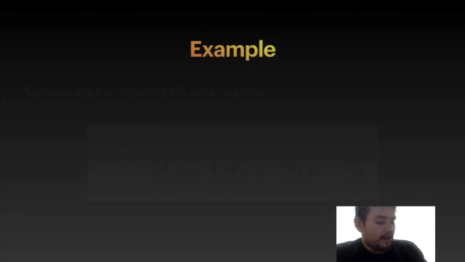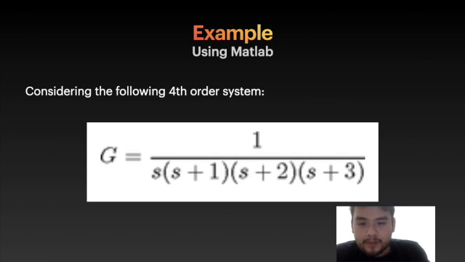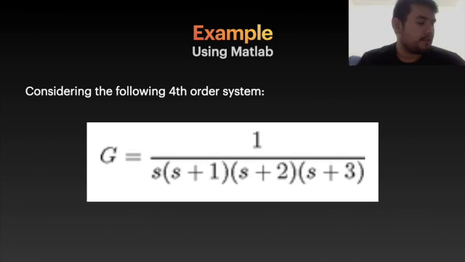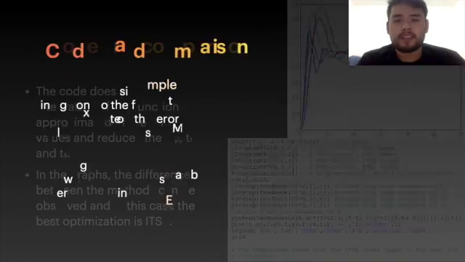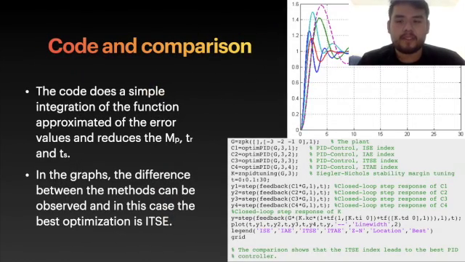So now for an example, we will consider this following fourth order system. Now our code and comparison. This code does a simple integration of the function of the approximated error values, trying to reduce this overshoot, the rise time, and also the settling time. So MATLAB makes it easy to call the different processes, the different methods.